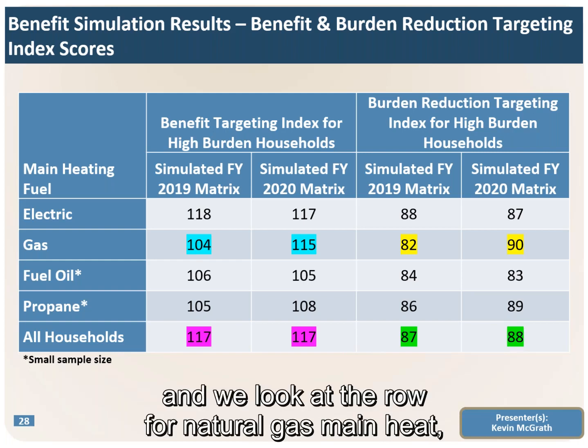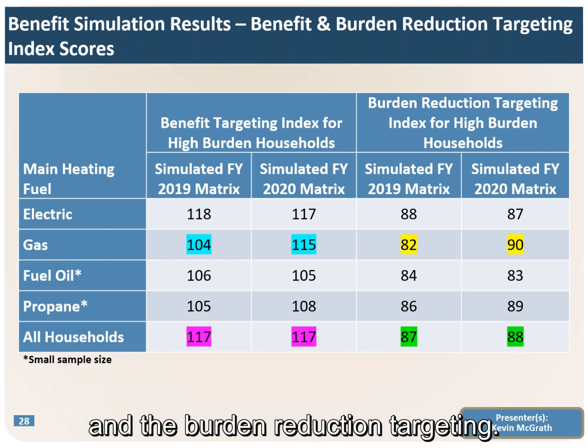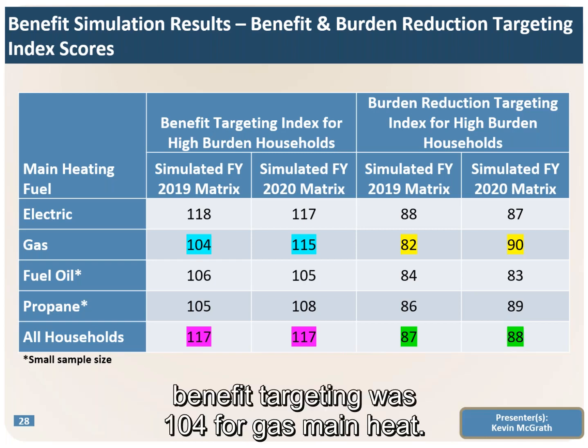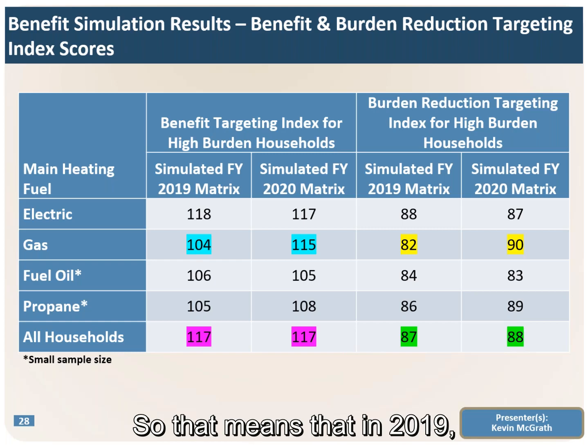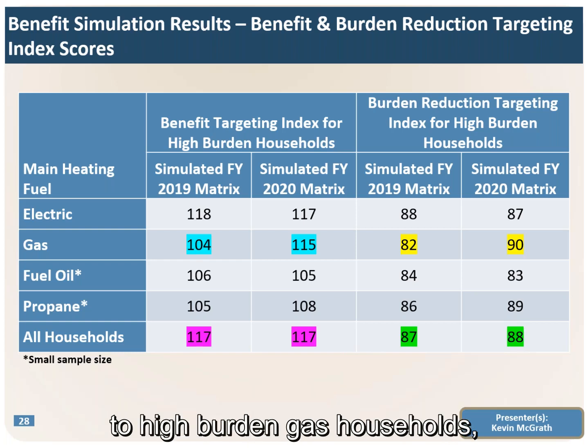But if we go up and look at the row for natural gas main heat, we do see an improvement in the benefit targeting and the burden reduction targeting. According to the 2019 matrix, benefit targeting was 104 for gas main heat. According to the 2020 matrix, it was 115. So that means that in 2019, the program was estimated to pay 4% higher benefits to high burden gas households.